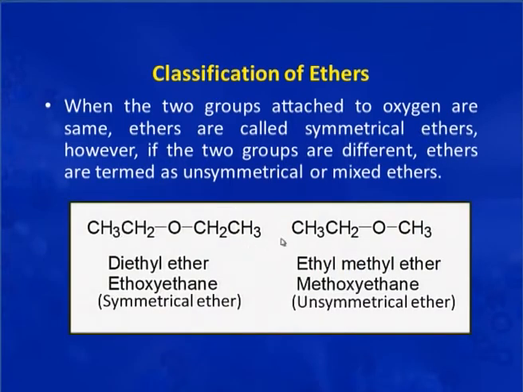That is why ethers are classified as symmetrical ethers or unsymmetrical ethers depending upon the nature of the 2 alkyl groups attached along the oxygen atom. If the 2 alkyl groups are similar, then we say the ether is a symmetrical ether. When the 2 groups are different, like in this case, where one alkyl group is methyl and the other alkyl group is ethyl, the ether is called an unsymmetrical or mixed ether.